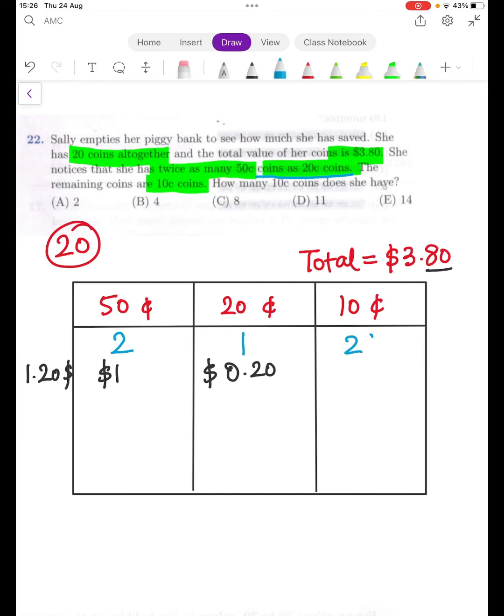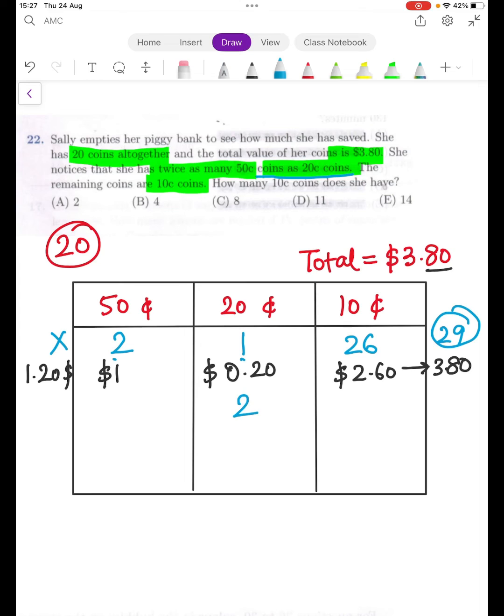That means we need 26 coins of 10 cents, which will amount to 2.60, and the total will become 3.80. But in this case, as we can see, 2, 1, and 26, those are 29 coins. And that cannot be an answer because we just have 20 coins. So this is not our answer.